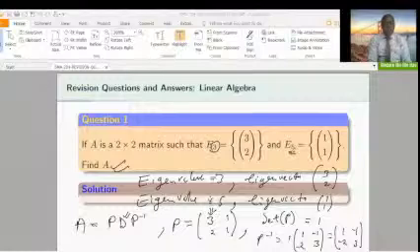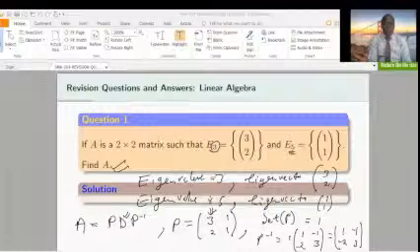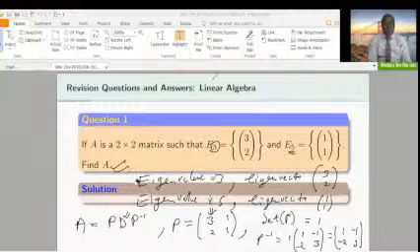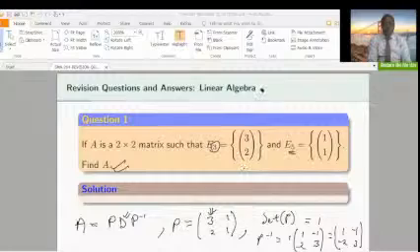So we must note these orders. The order in which we wrote the eigenvectors will determine the order of the eigenvalues in the diagonal matrix D. So this was a very simple question.